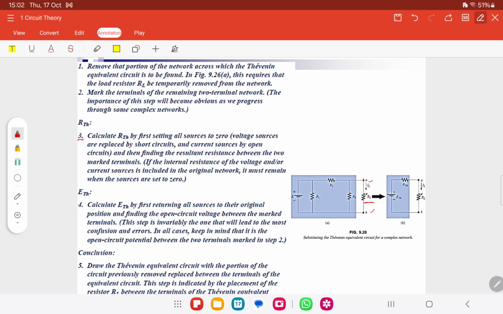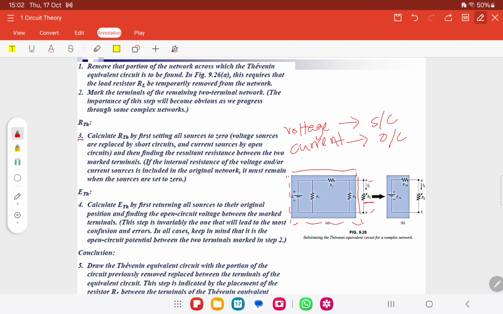Now we go for step number 3. This box kotak merah ni is we need to measure the RTH, Thevenin's resistance. Macam mana ayat-ayat yang panjang ni? Voltage source, short circuit, current source, open circuit. Any voltage source in the box, short circuit.